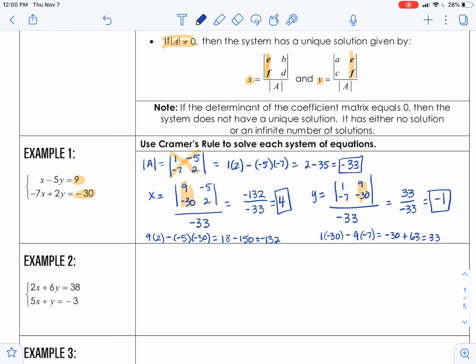That is my y value. So the answer to this problem, the final answer, would be 4, negative 1. Final answer. Okay? So basically we're doing a system, but we're taking out all the variables and we're just running numbers.